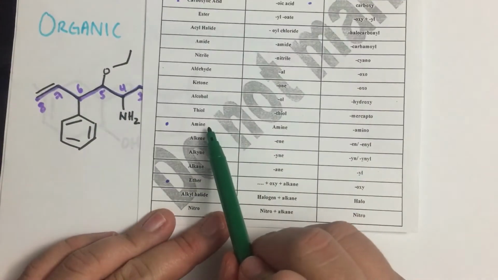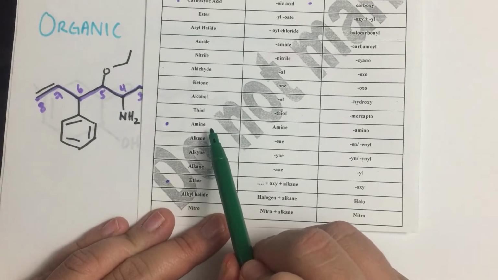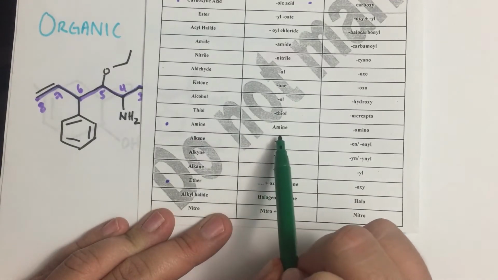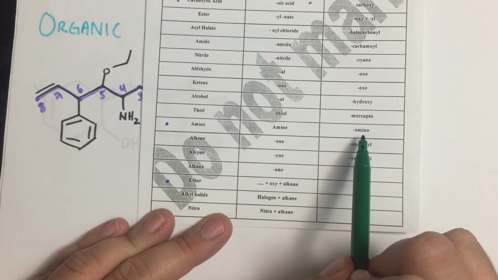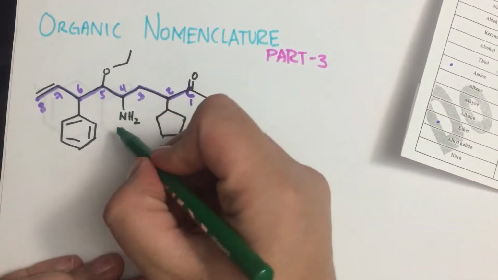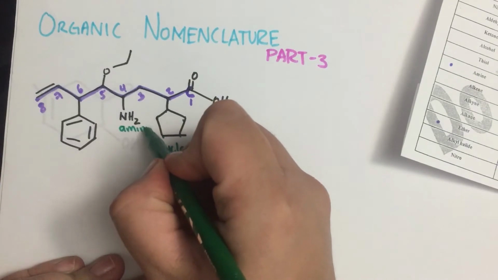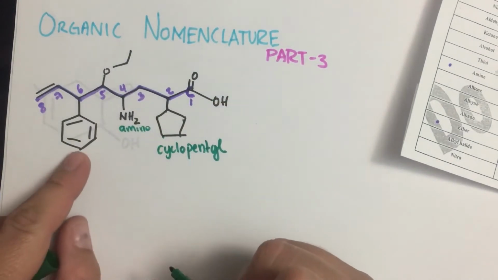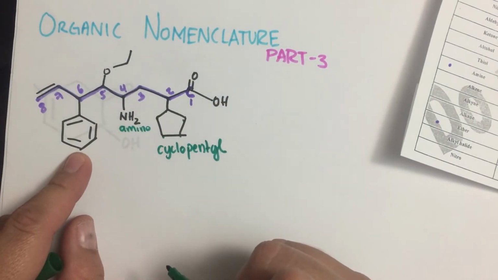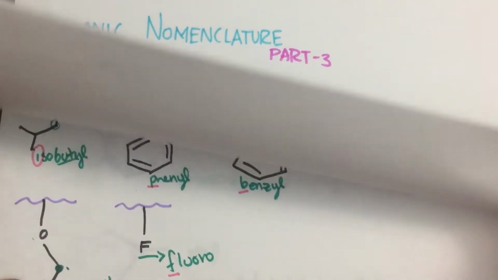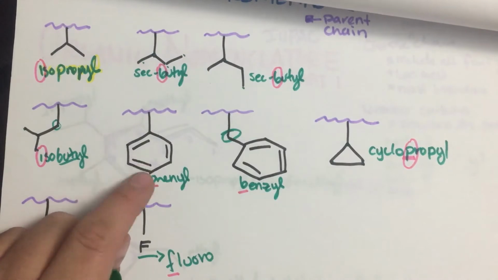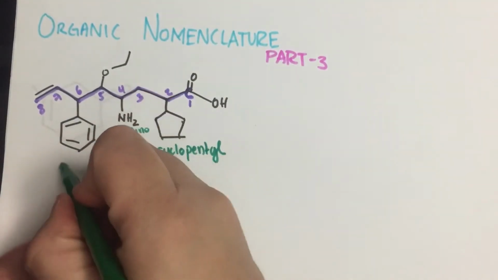Since it is no longer the most important, we're going to use the prefix, which would be amino. Then here we have an aromatic group, which from our special branches we mentioned is going to be called a phenyl group.